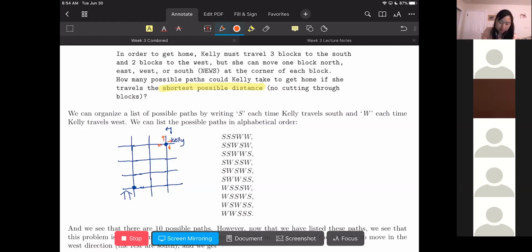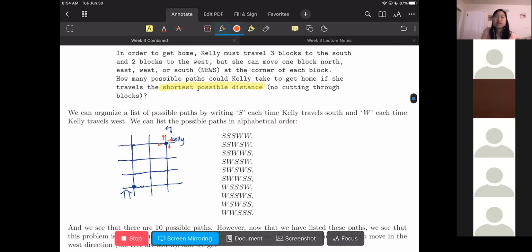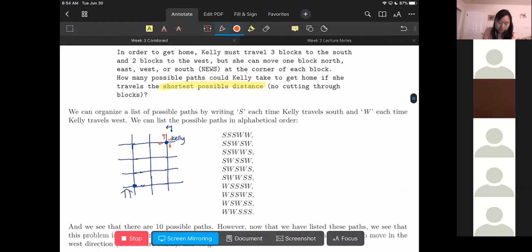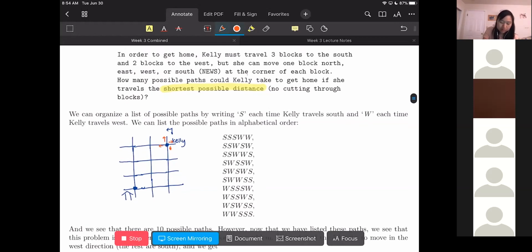And here we can actually list the possible paths in alphabetical order if we want, which corresponds to ways Kelly could get home. So we could go through some examples. If we do south, south, south, west, west, the path looks like Kelly going south, south, south, west, west. That's one way.